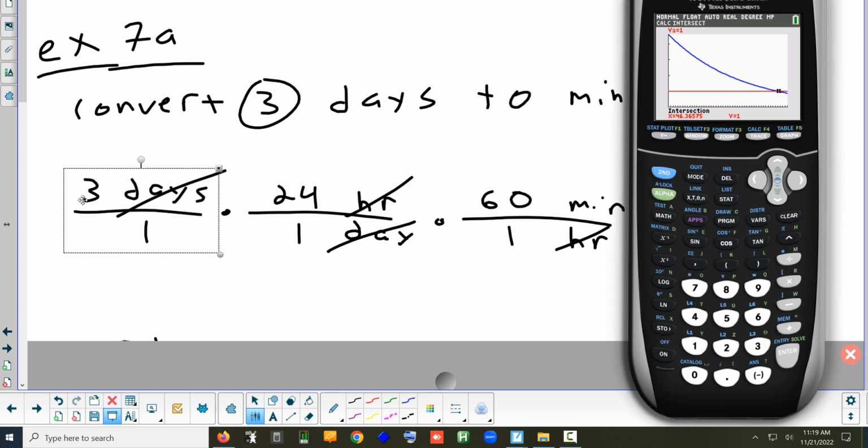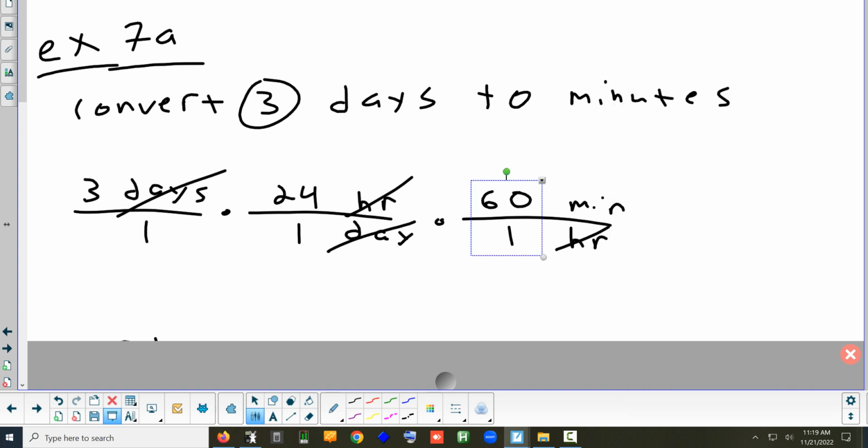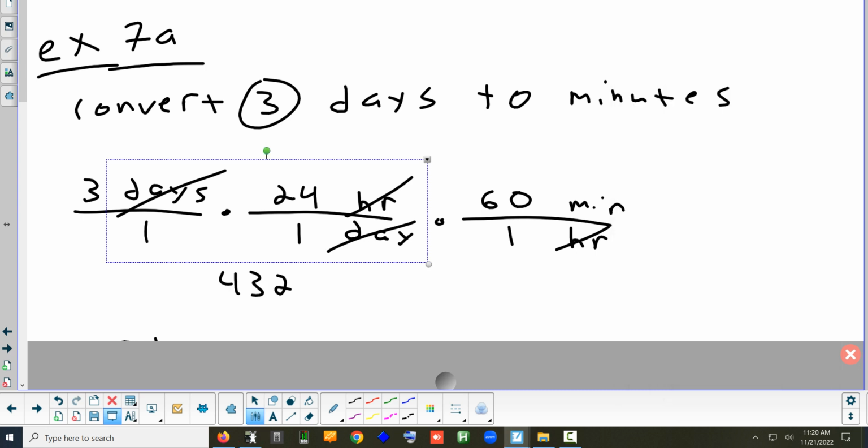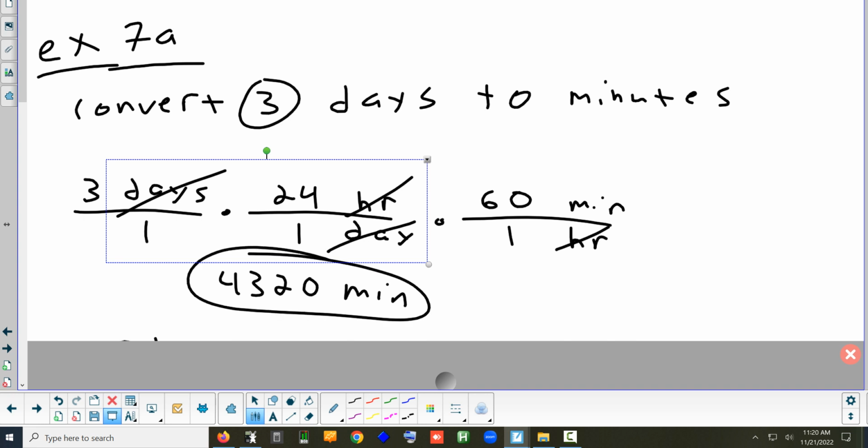So 3 times 60 is 180, times 24. 180 times 24 gives me 4,320 minutes. Now that's not minutes per something, with a distance in it. It's not feet per minute or seconds per minute, it's just minutes.